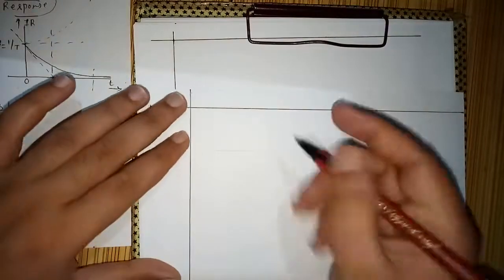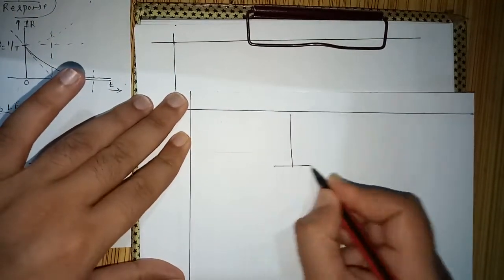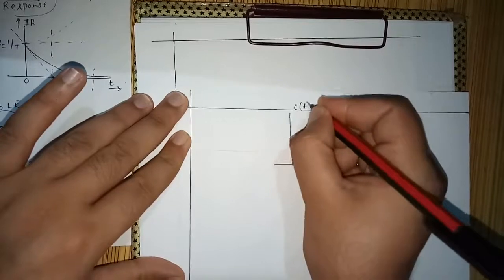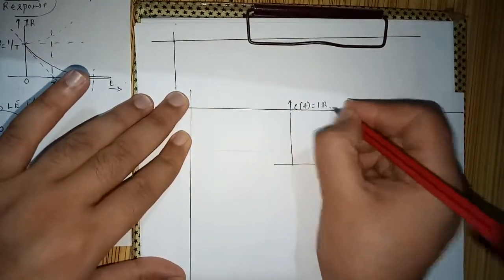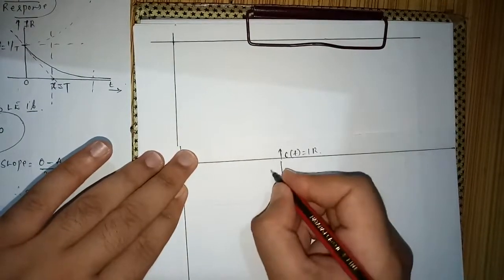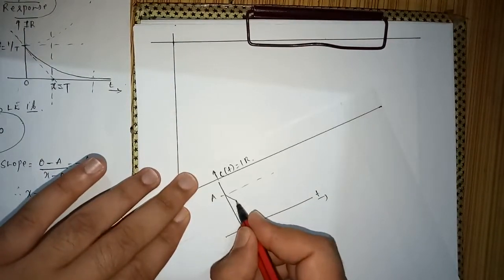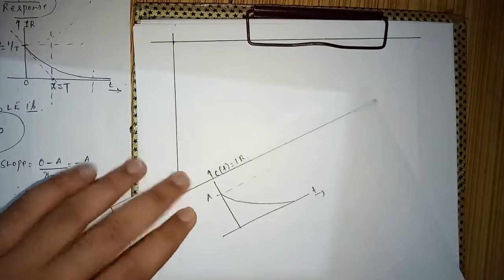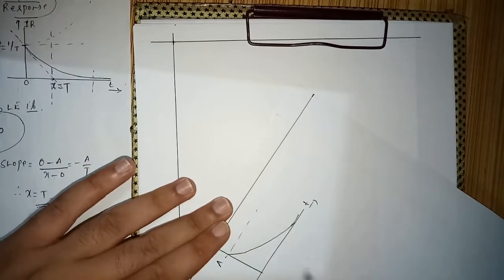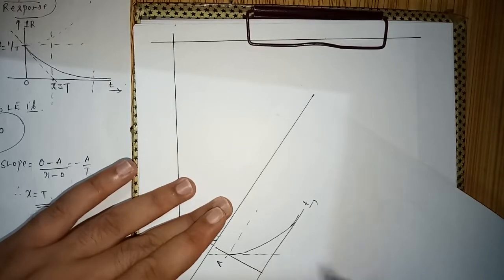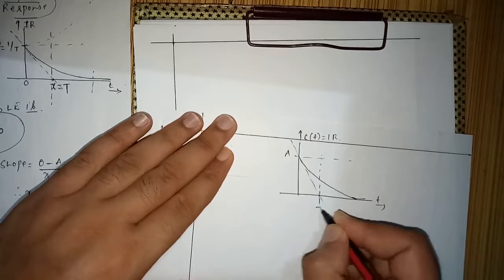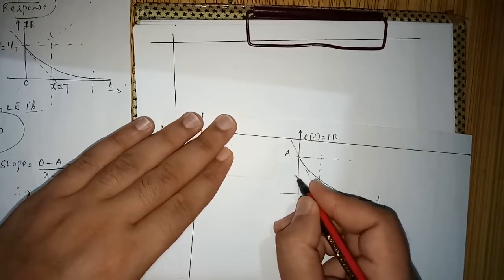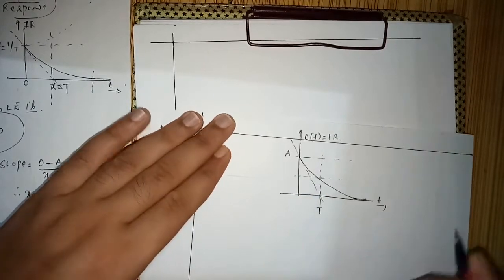Let me take it on a new page. This is our impulse response, not c(t), impulse response, right? And here it is a, it will go like this, and I have taken, sorry, not going to 0, I have taken a tangent here, and this value was T, the time constant, and I want to find the impulse response at this point.